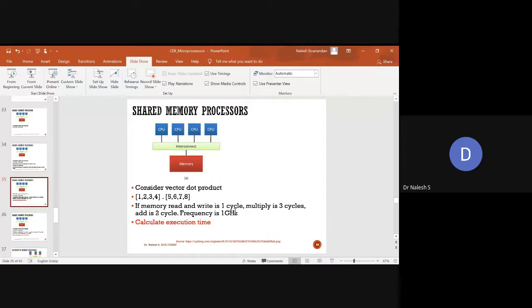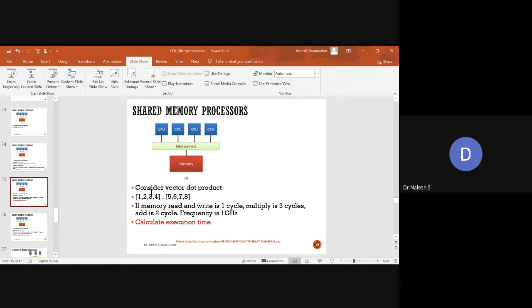Let's forget the frequency for now. Can you calculate the execution time in terms of the number of cycles? How many cycles are required to complete this operation? Memory read takes 1 cycle, write to memory 1 cycle, multiply 3 cycles, add 2 cycles. How many cycles are required in this 4-core processor to complete this?